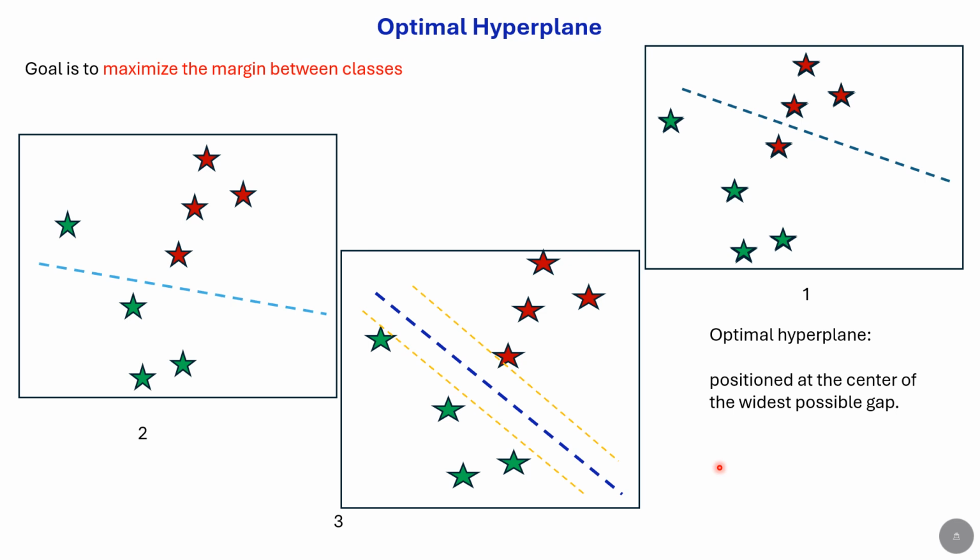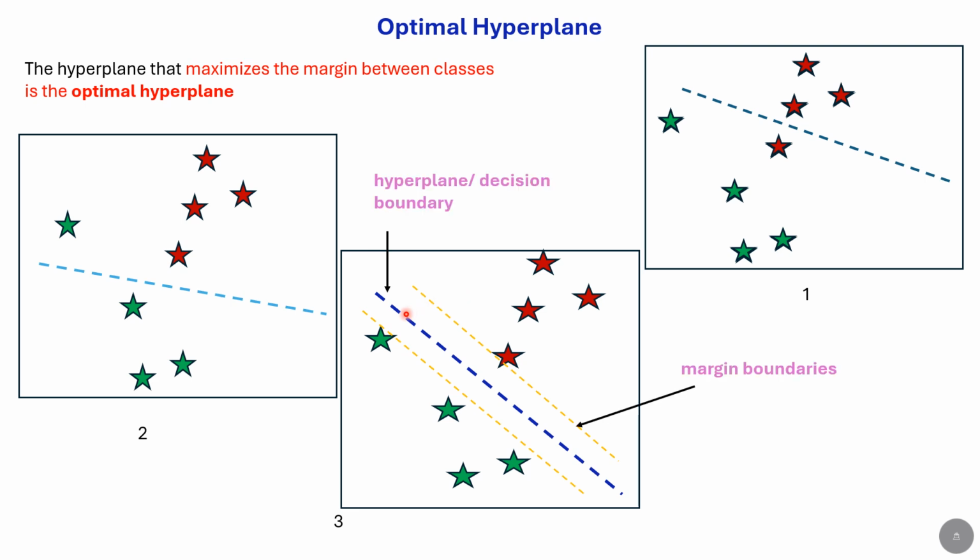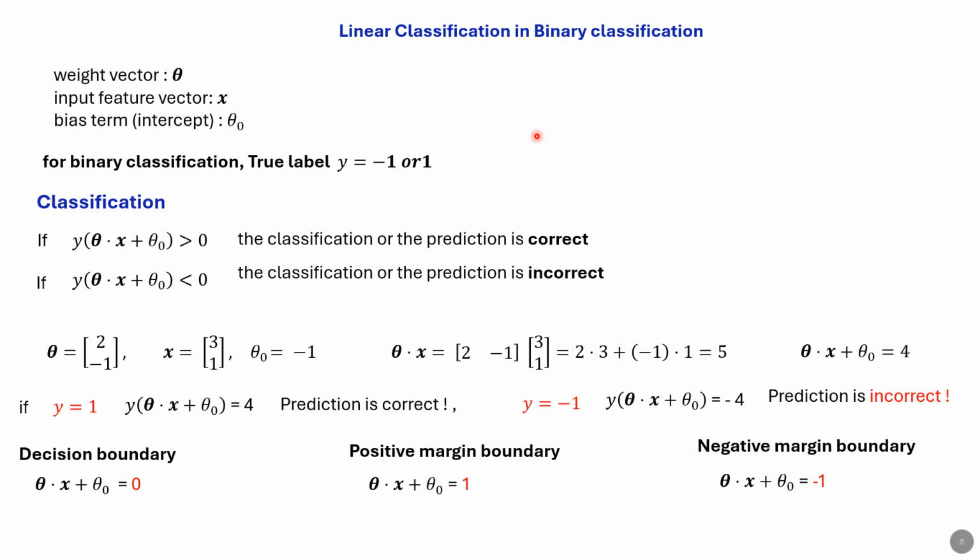It maximizes the margin, not closer to any class, and positioned at the center of the widest possible gap between two classes. Now we can label this blue line as the hyperplane or the decision boundary and these two yellow lines as margin boundaries.